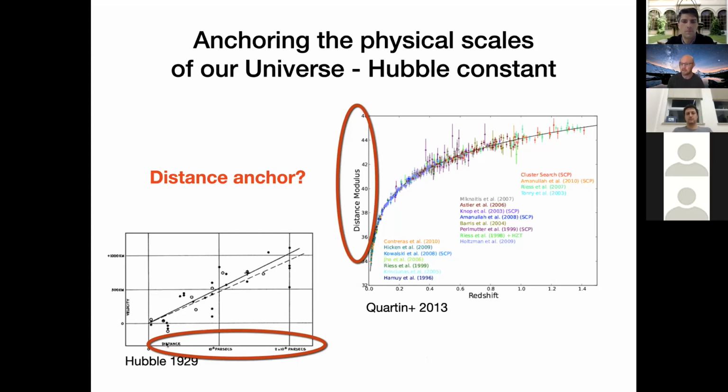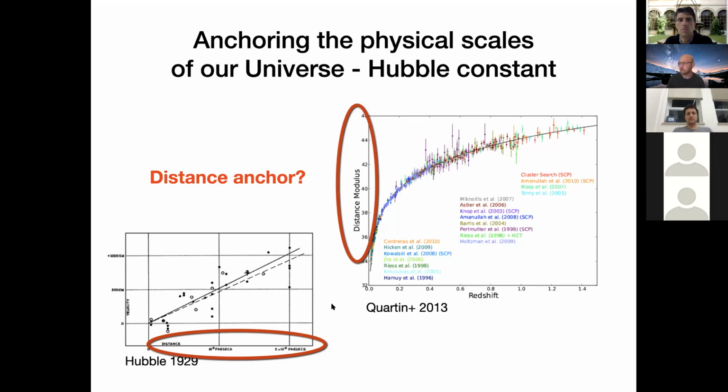The value has also changed by about an order of magnitude. Here the stated value is about 500 kilometers per second per megaparsec, so we are down by a factor of about 7. And the units have also changed, it's kilometers per second per megaparsec. That's just a note on it.